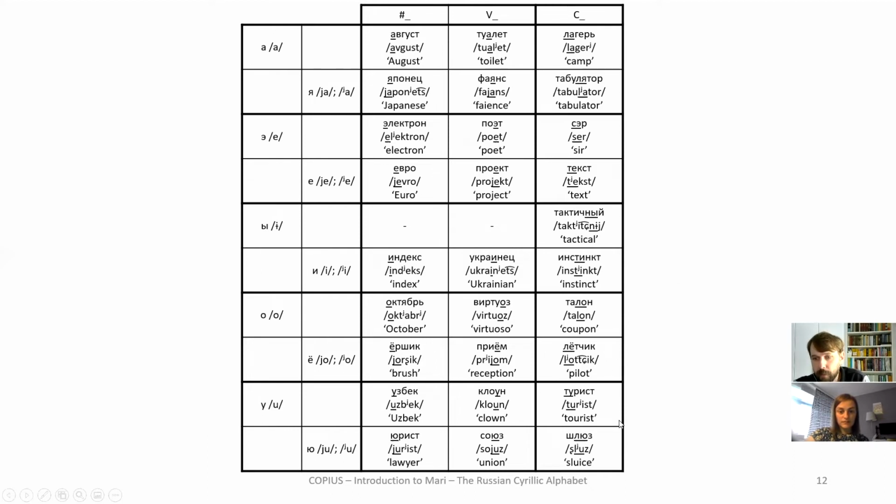So if you, for example, have a T that is non-palatalized, you just use the U afterwards and it's not palatalized. If you have an L that is palatalized, you just use the U variant to show that it is palatalized. What you do, however, when you want to indicate if a consonant is palatalized or not, but there's no vowel coming after it, if it's in the final position of a word.